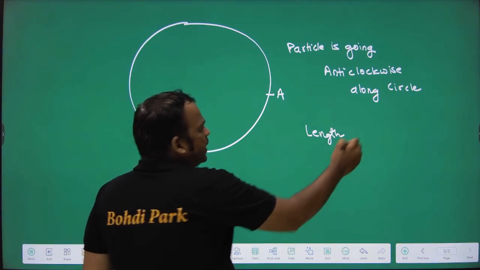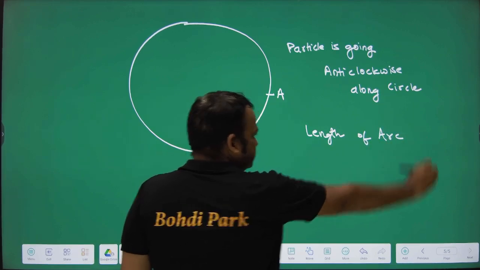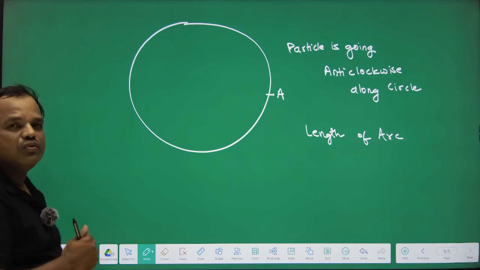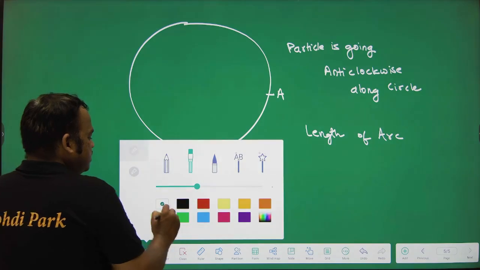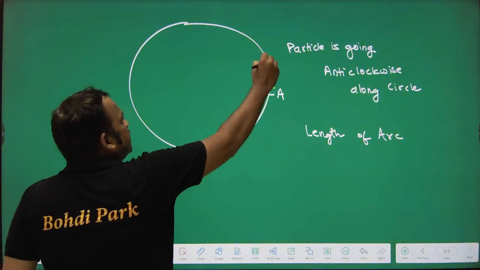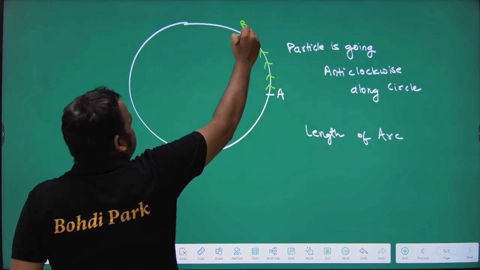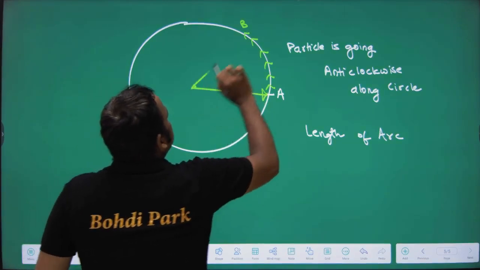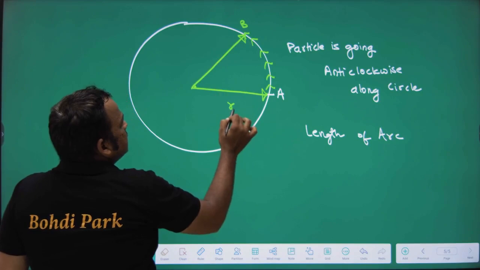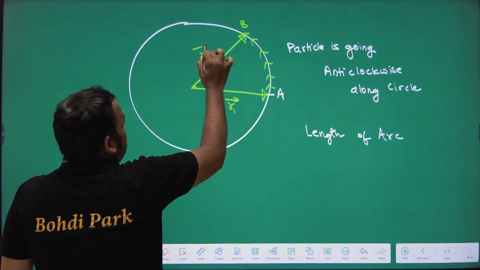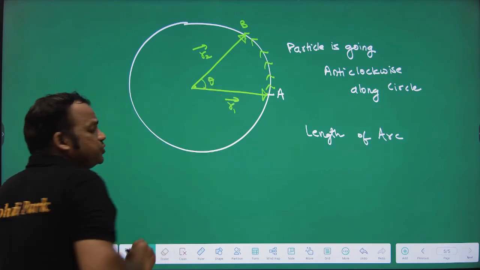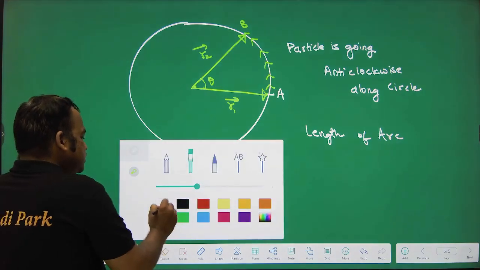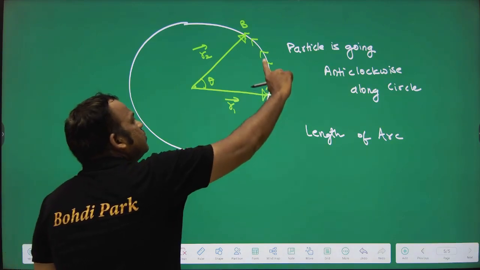The distance will be the length of arc. Arc means circular path. Suppose it started from A and goes up to B. From the center, this is the initial position vector R1 and this is the final position vector R2, and the angle between these two position vectors is theta. So the length of this circular path is the distance.